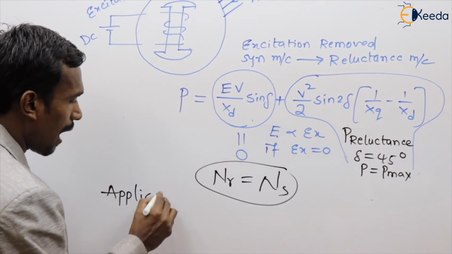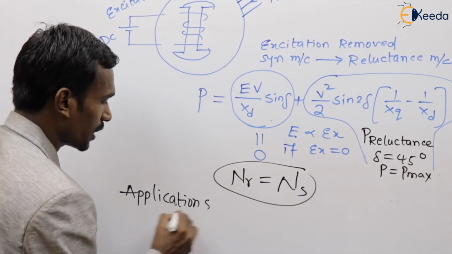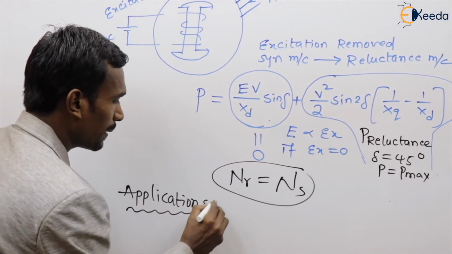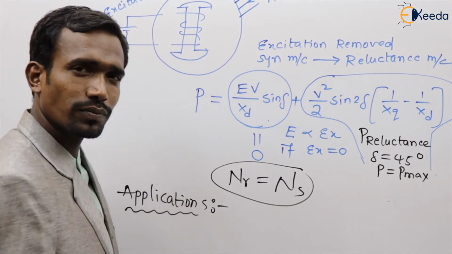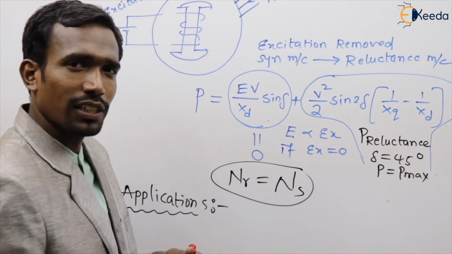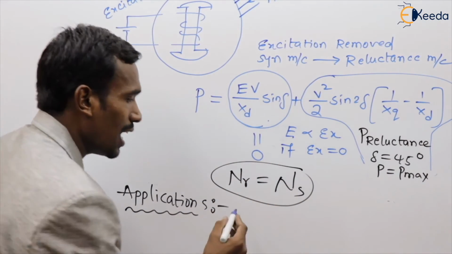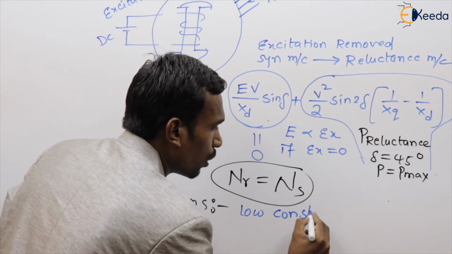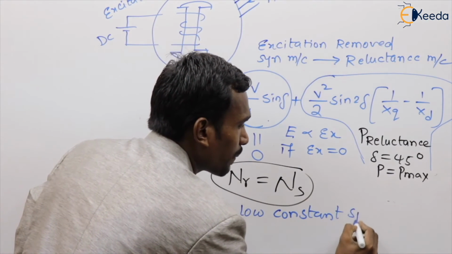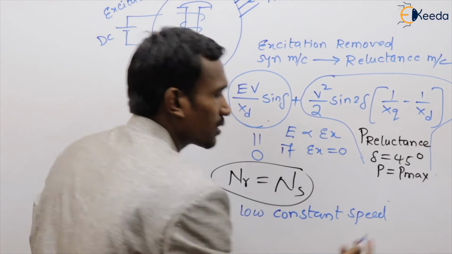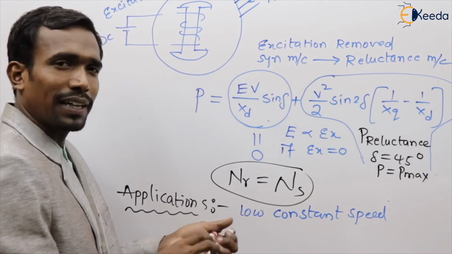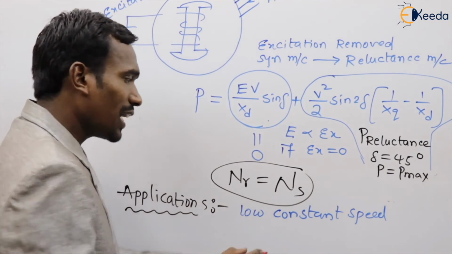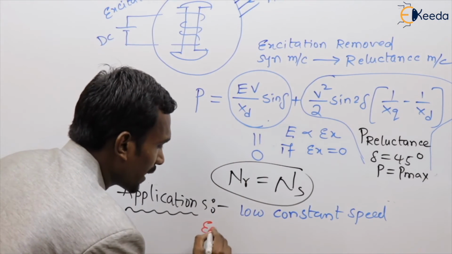Now, finally, what are the applications of this machine? The applications are low constant speed applications. What are the examples?